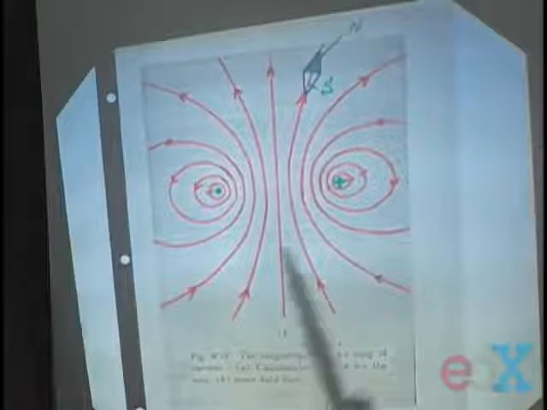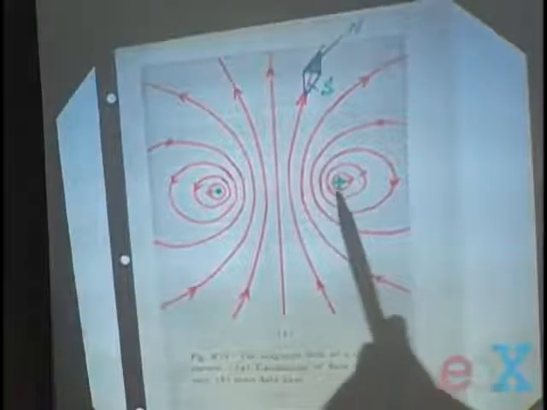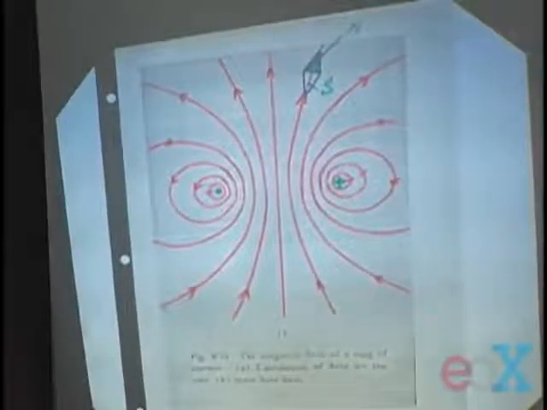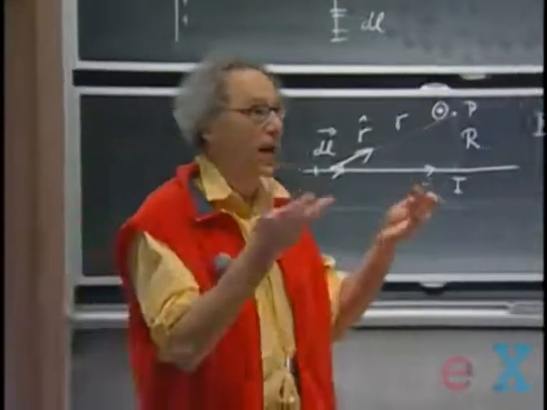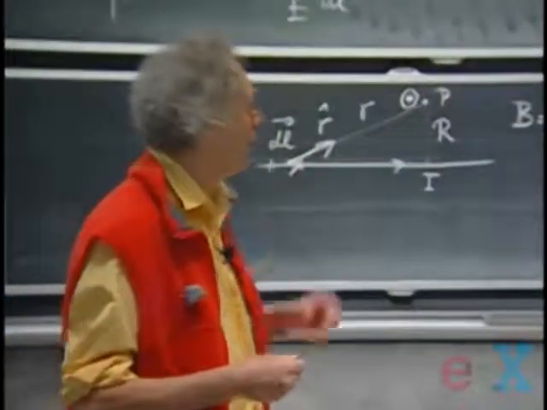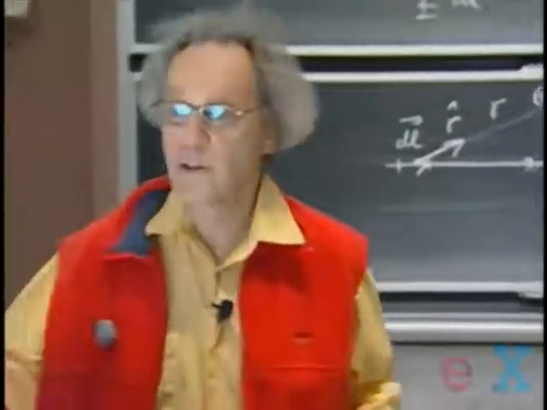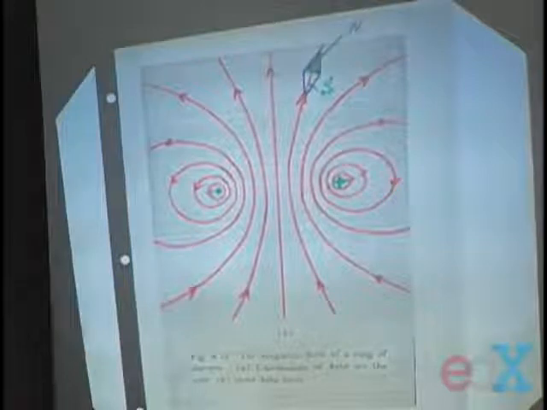It's not too different from what I have on the blackboard there. Very close to the wires, of course, you get circles, because the 1 over r dominates there. You're so close to the wire that the 1 over r relationship makes it come out like circles, and here too, but then if you're farther away, you get configurations like I have there.